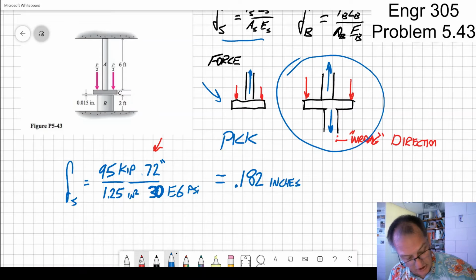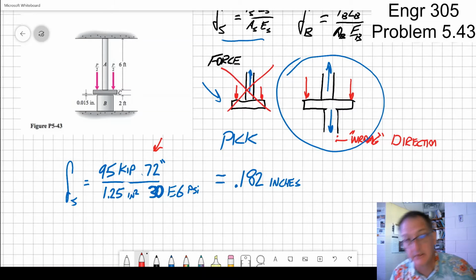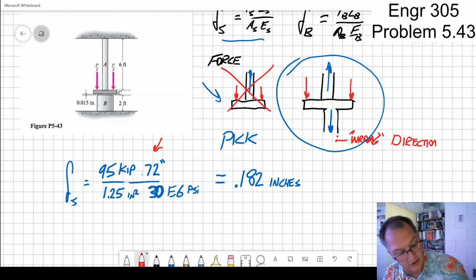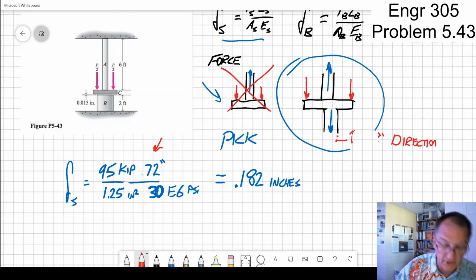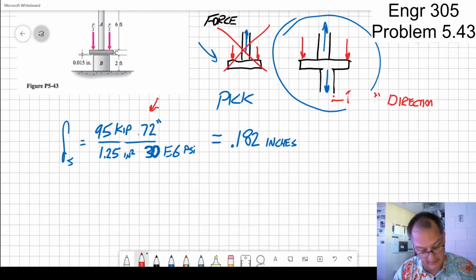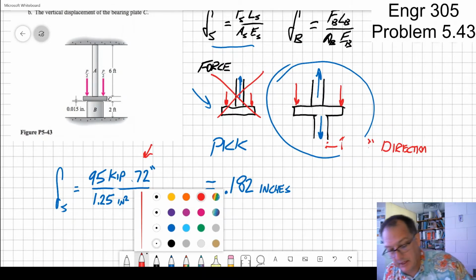But it's clearly going to close the gap. So this situation is not correct. The force is only hanging on the steel. We're doing the second situation. So with everything now in the right direction, let's go solve that free body diagram. I guess I should put a coordinate system on here.